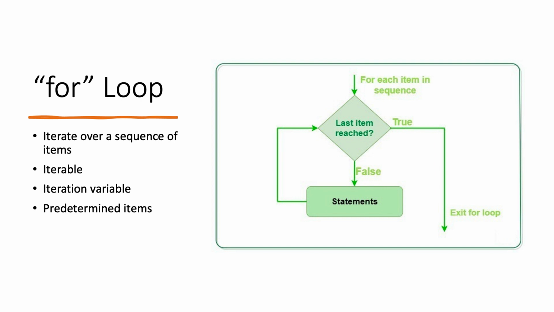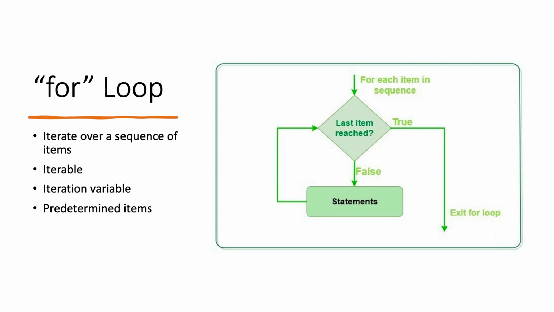As we iterate through the items one by one, we create a temporary variable called the iteration variable. This variable will change value each time it iterates in the loop. One key component of a for loop is that the number of items in the loop is predetermined. This means that you know when the loop will start and when it will end, so we will loop for a known number of times.